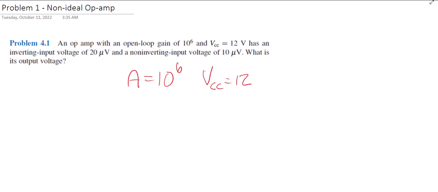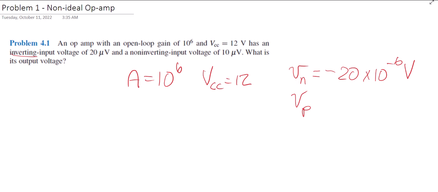And we have an inverting input voltage, so the inverting means negative. So Vn equals negative 20 microvolts, so times 10 to the negative 6 volts, and a non-inverting input voltage of 10 microvolts.